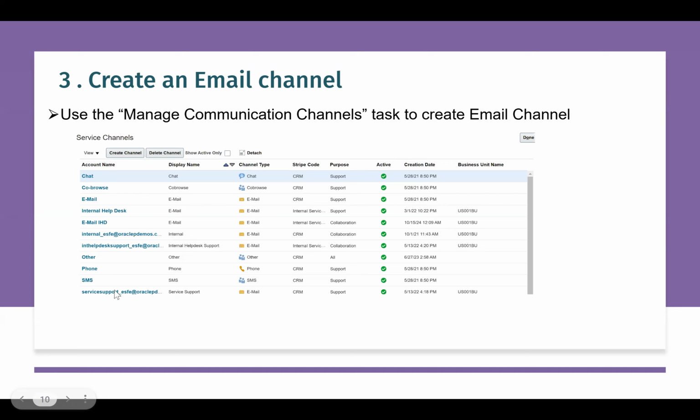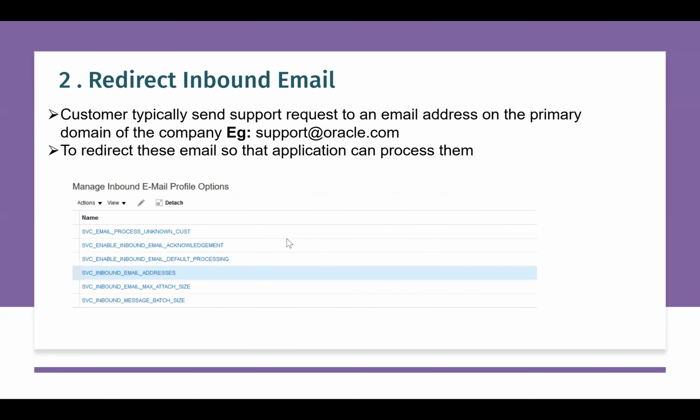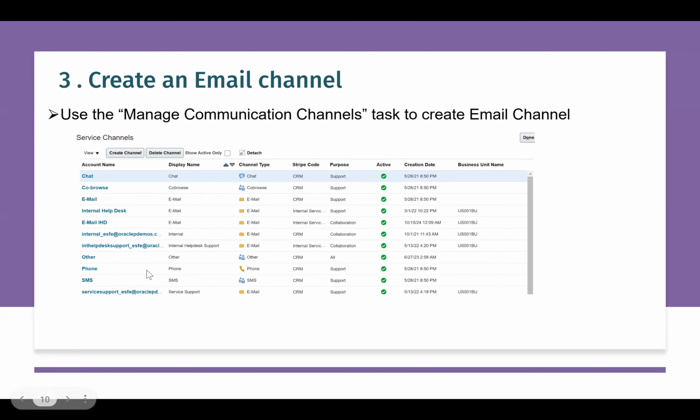Now let's say we have redirected all the emails coming to this email to the EXT service email that I showed in the previous step. So we need to do that setup. Then when we check the SR, we can identify that this SR came from the services support underscore ESFP email.